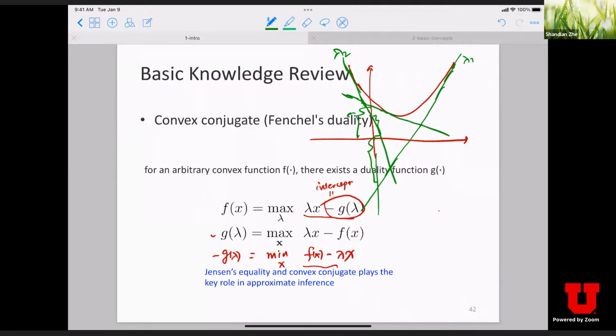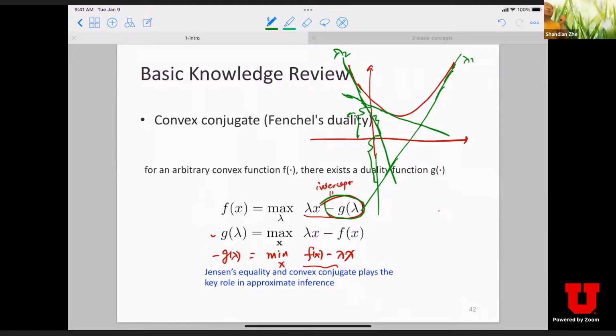So what I'm claiming is that this negative g of lambda is exactly the intercept when you choose your lambda as the slope of your tangent line. Does it make sense?